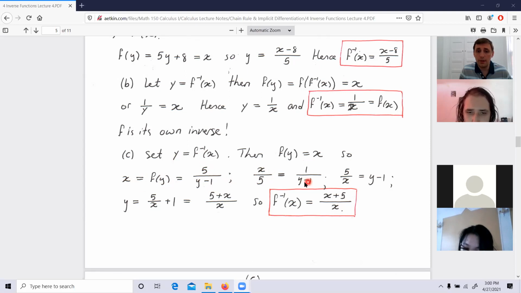So 1 over y minus 1 is x over 5. Taking reciprocals, 5 over x equals y minus 1. And so what do we have? We now have that y is equal to 5 over x plus 1, or when I bring it all together, it's x plus 5 over x, like many of you have written. Good?